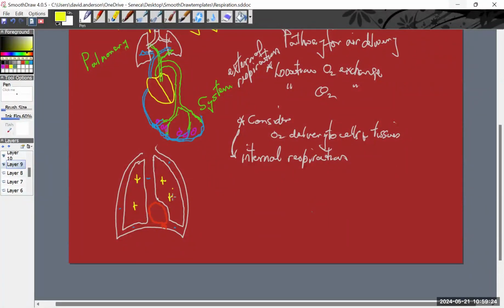And from an efficiency point of view, we want the lungs to be inflated under most conditions, because that means that there's going to be air in those spaces that's available for exchange. So remember from our little diagram up above, if I make a bit of space now that we've seen this picture.